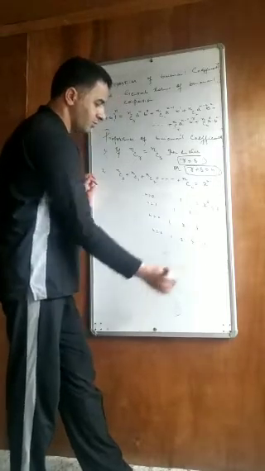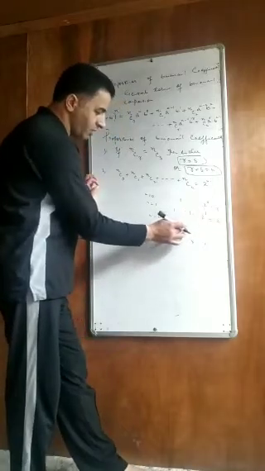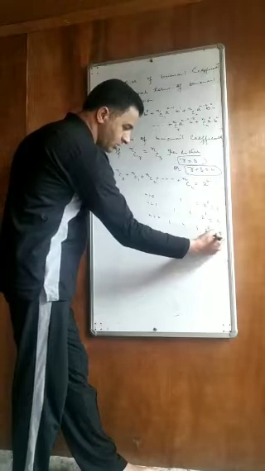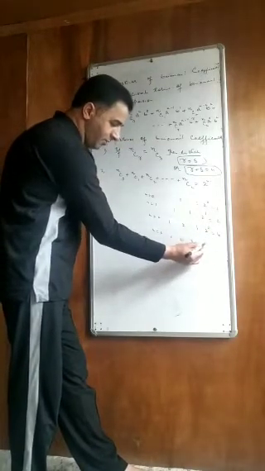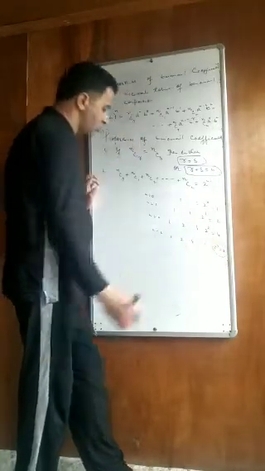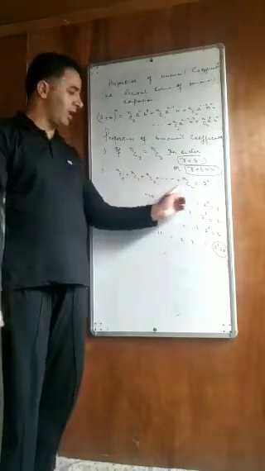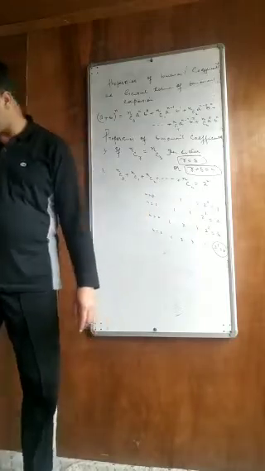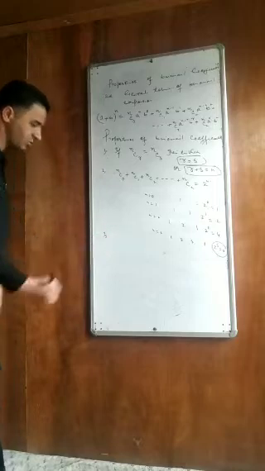Then 2, that is 2 raised to power 1. Then 1 plus 2 plus 1 is 4, and 2 raised to power 2 is 4. Then 1 plus 3 is 4, plus 3 is 7, plus 1 is 8, that is 2 raised to power 3 which is equal to 8. So the sum of all binomial coefficients from nc0 to ncn is always equal to 2 raised to power n. This is one more property.